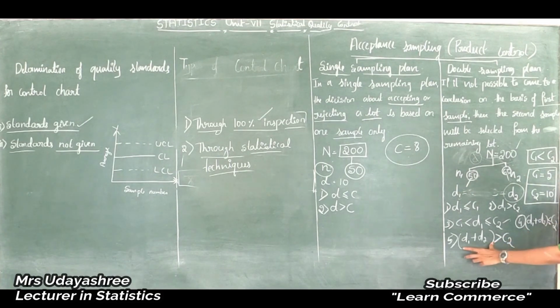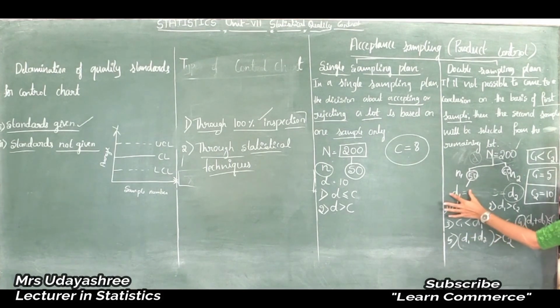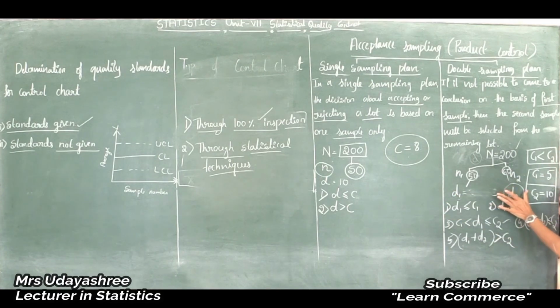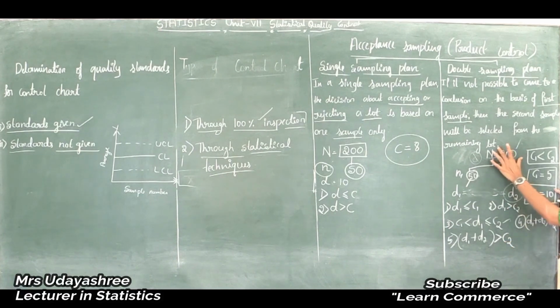See, if I get defectives like this, the number of defectives in the first set of samples and the number of defectives in the second set of samples is greater than the second acceptance number, then this entire lot is rejected and the entire lot is inspected through 100% inspection, and from this we will get some defectives, no, and those defectives are replaced by good ones.